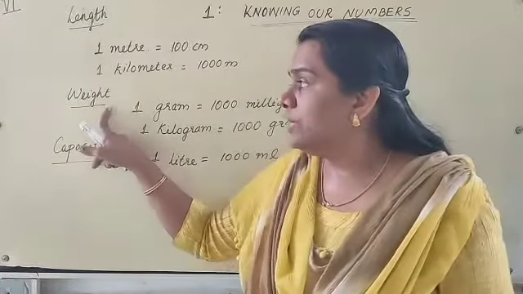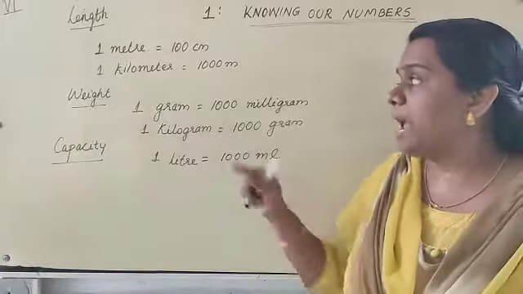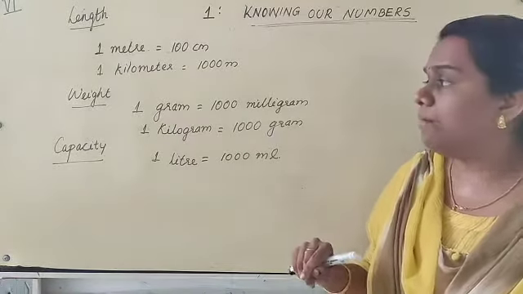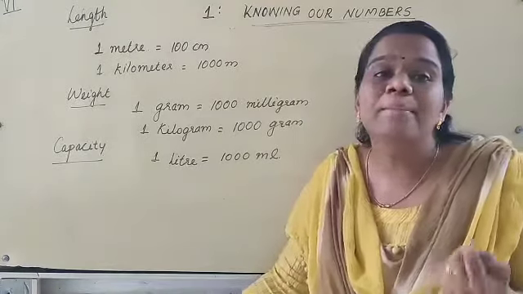Then the units which we use in weight are gram and kilogram. 1 gram is 1000 milligrams. When we buy some gold, we usually buy in grams and milligrams.